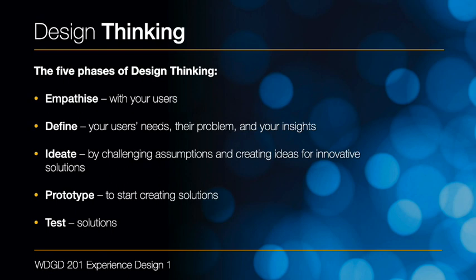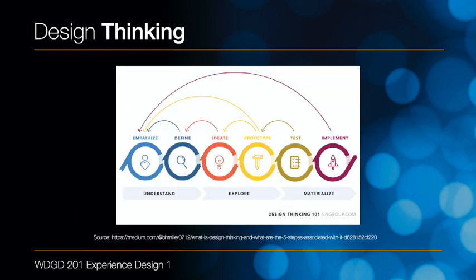I think that one of the key things that's not captured in that, and that you can see in this illustration, this graphic here, is that it's an iterative process. It isn't a linear process. You see understand, explore, materialize. That looks linear. But if you look at the top, you'll see that there are arrows that point back. So you might empathize, define, ideate, come up with a great idea, make a prototype, test it.